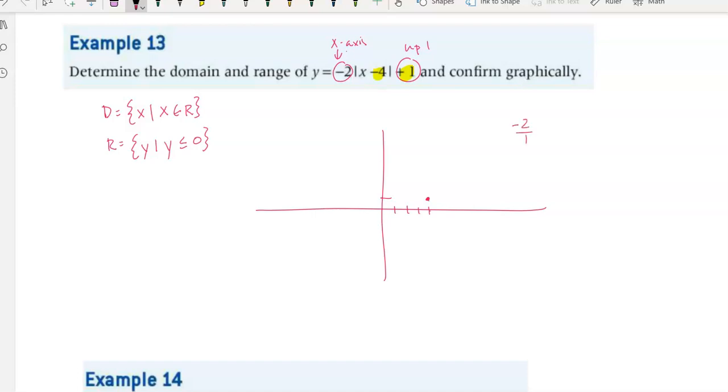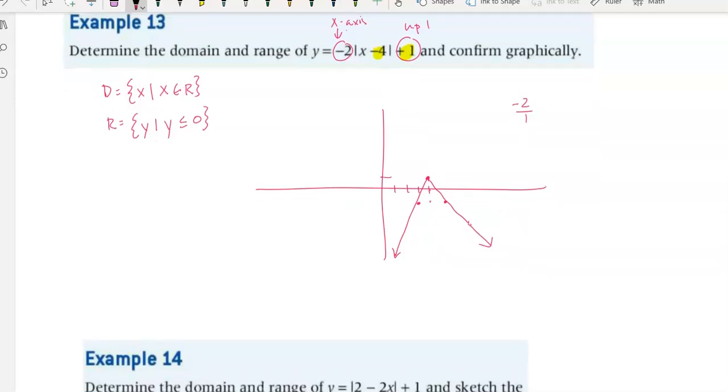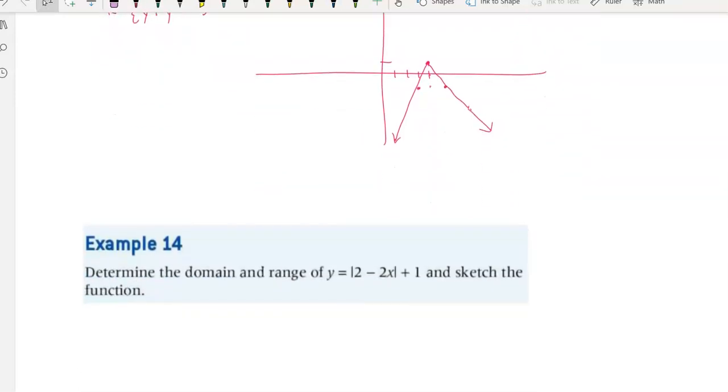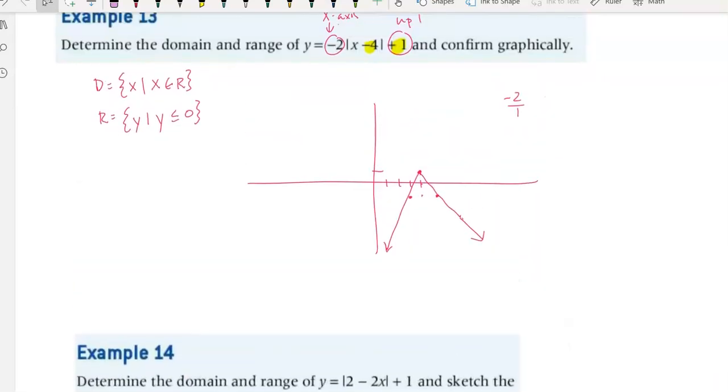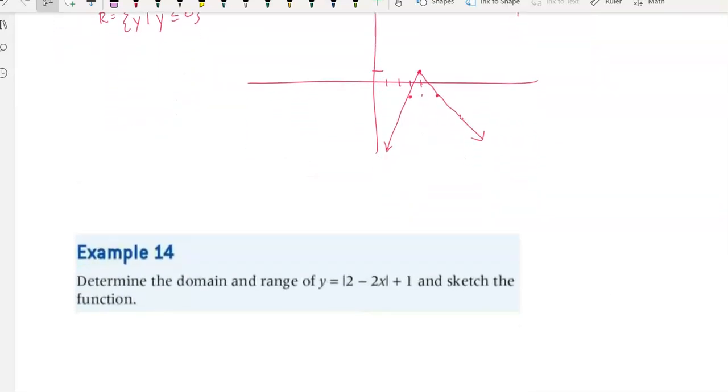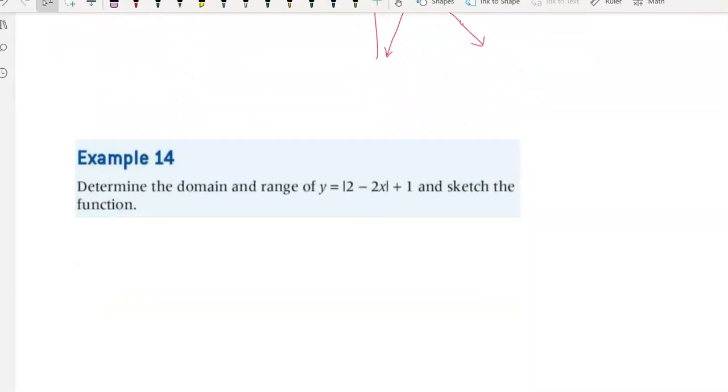You can go down 2, right 1, down 2, left 1. I mean, that's all they are. Those vertical stretches and compressions and those kinds of things, it's just slope. It's just hard because there are words associated with it.